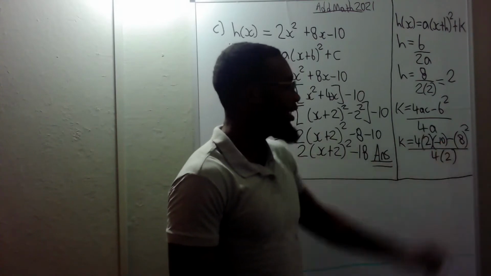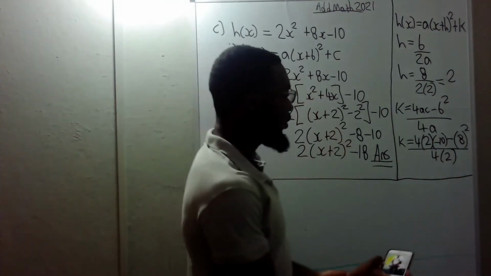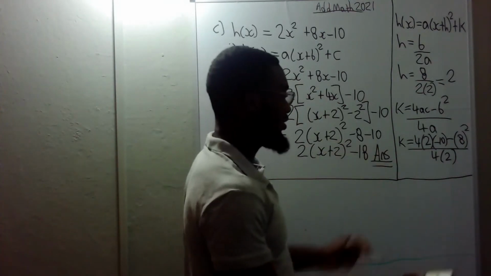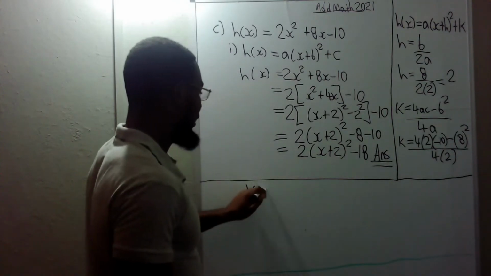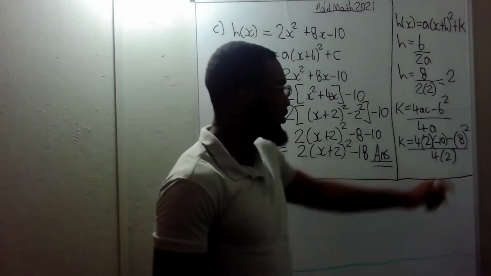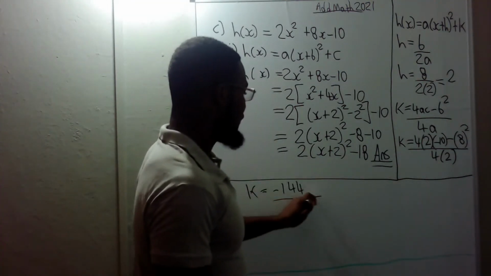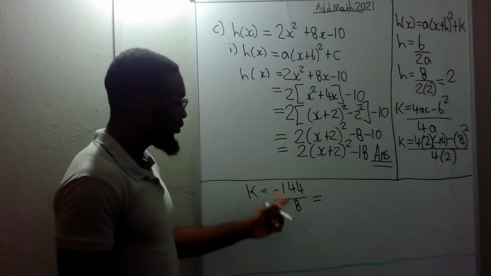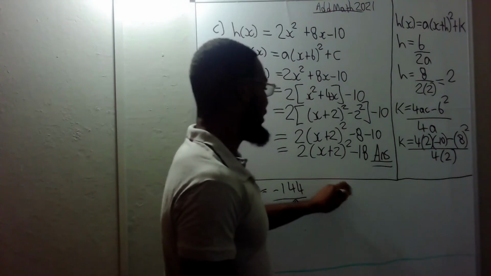Negative 80 minus 8 squared, that's negative 64. That's negative 144. Guys, we don't need a calculator. So k is equal to negative 144 over 4 times 2, which is 8. Negative 144 over 8 is negative 18.